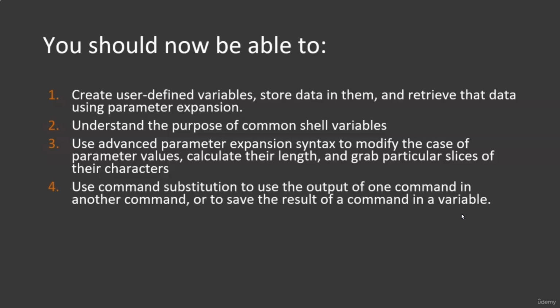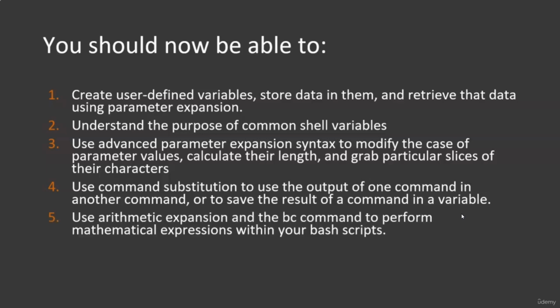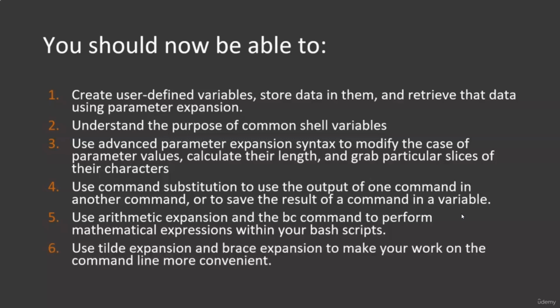You should be able to use command substitution to use the output of one command in another command, or to save the result of a command in a variable. You should be able to use arithmetic expansion and the bc command to do calculations within your bash scripts. And finally, use tilde expansion and brace expansion to make your work on the command line more convenient.